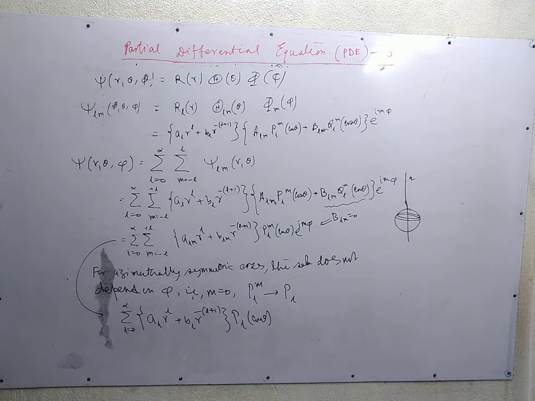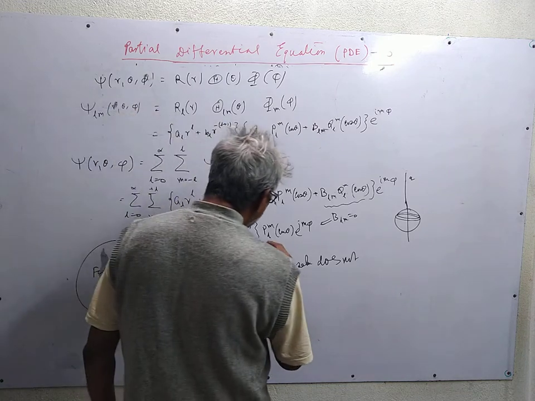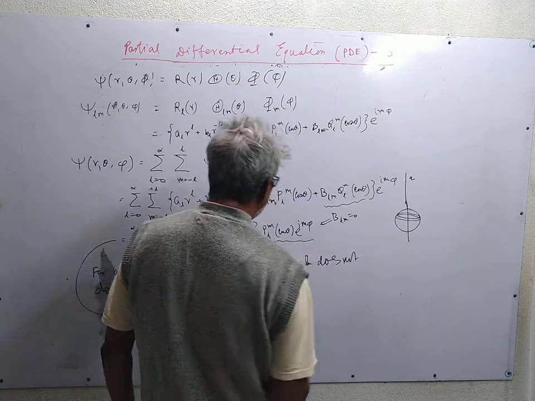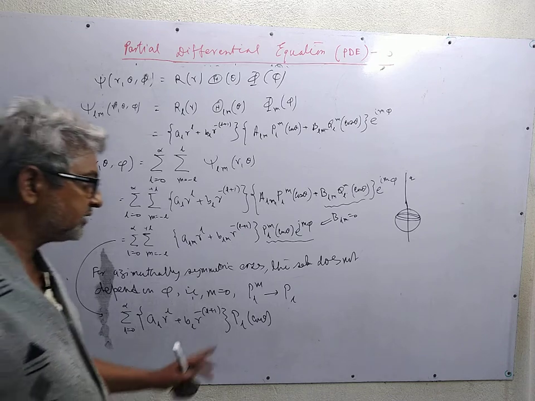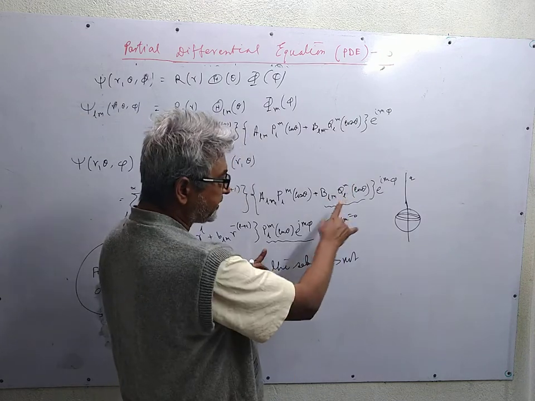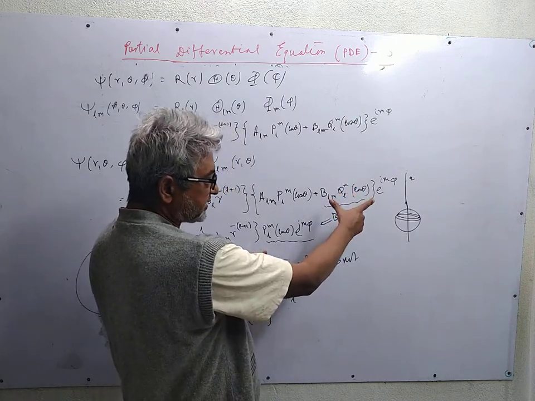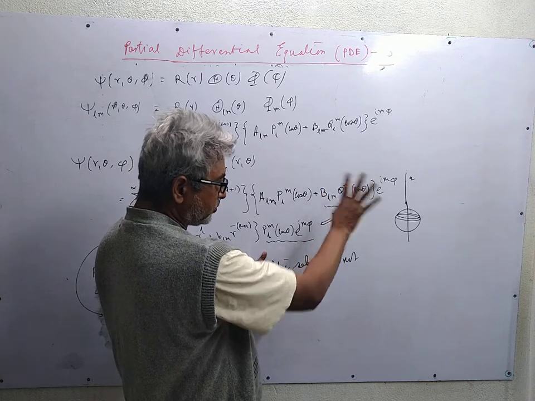Another thing is that if we freeze the R part of the Laplace's equation, that is, if we want to solve Laplace's equation on the surface of a sphere, then R is constant, so the del R part disappears, and the resulting equation has this solution, provided that the z-axis is included, so BL is 0.